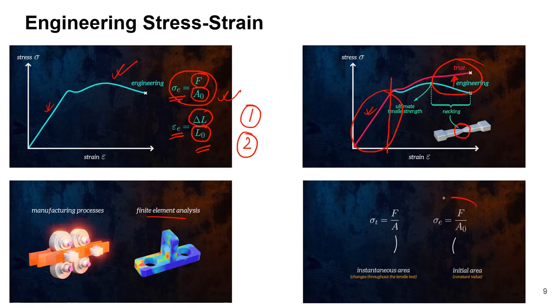We have already seen what engineering stress is, and what is the true stress? In the true stress we have to consider the instantaneous area. The area is continuously reducing in a tension test, so you have to consider that variation if you want to find the true stress.